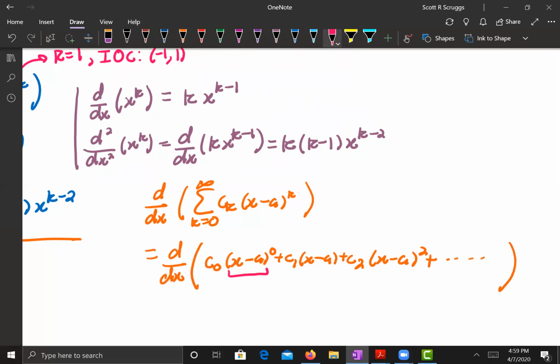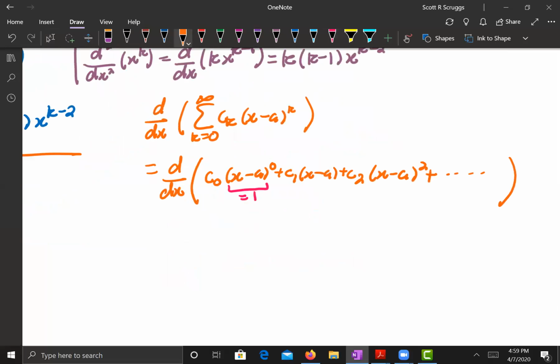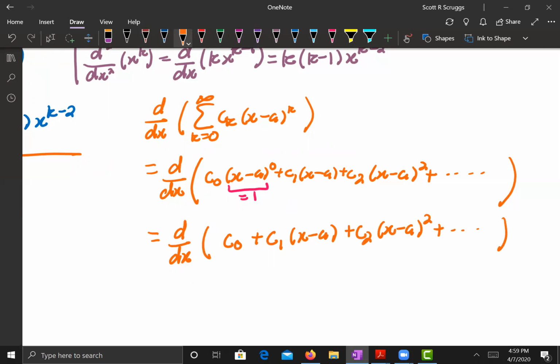Now, because x minus a to the 0 power is just going to give me 1, I can rewrite that as the derivative with respect to x of C0 plus C1 times x minus a, plus C2 times x minus a squared, and so on. Because C0 is a constant with respect to x, the derivative of a constant will be 0.